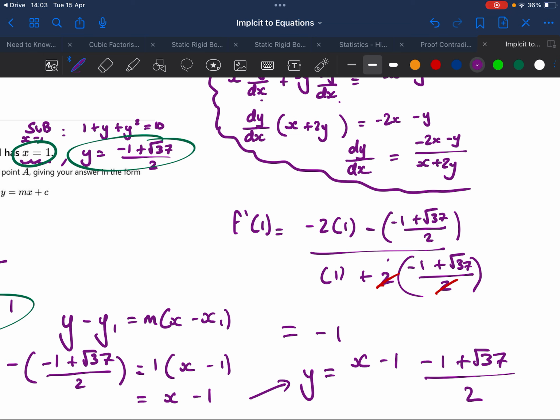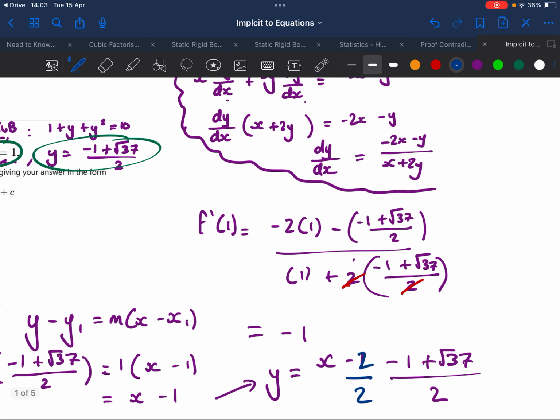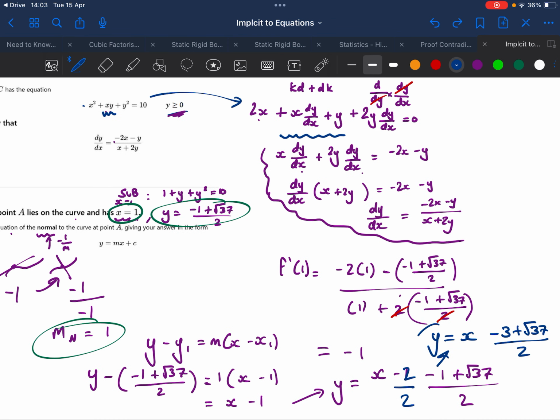And if you do a little bit of tidying up with this, for example, if you say that's a 2 over 2 to help tidy things up, you should end up getting to a final answer, running out of space slightly now, of y equals x minus root 3 plus root 37 over 2. Yeah. Well, there's a few ways we could write that, something like that. Okay, so that would be our final answer.